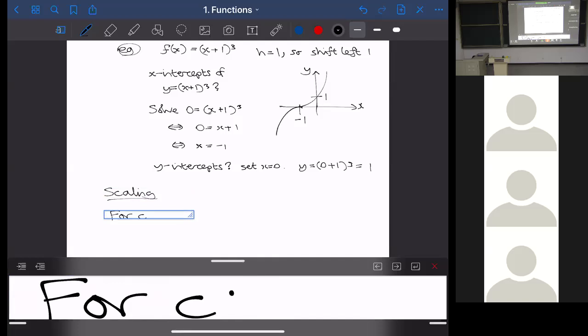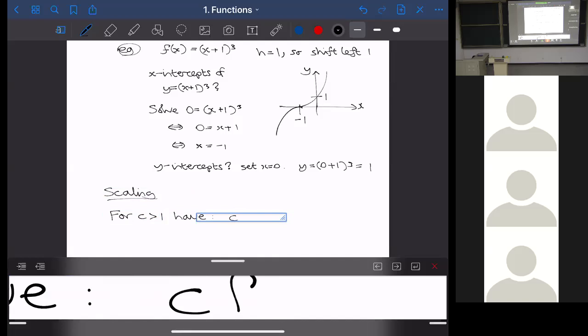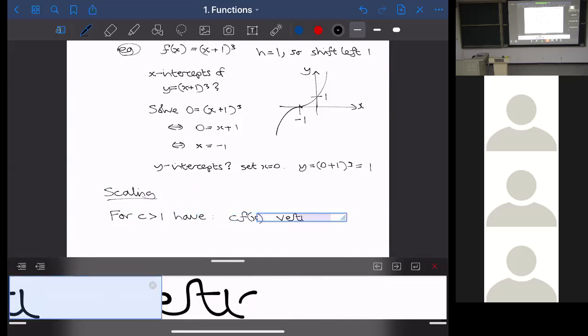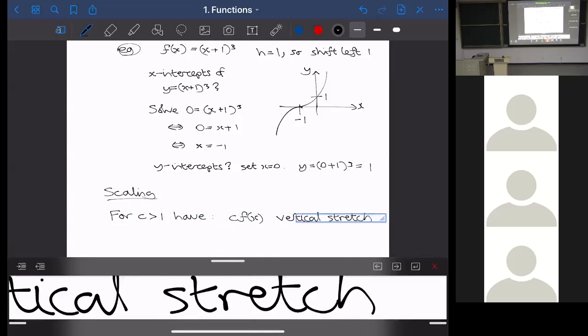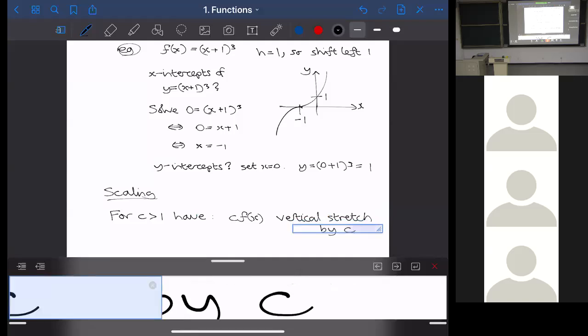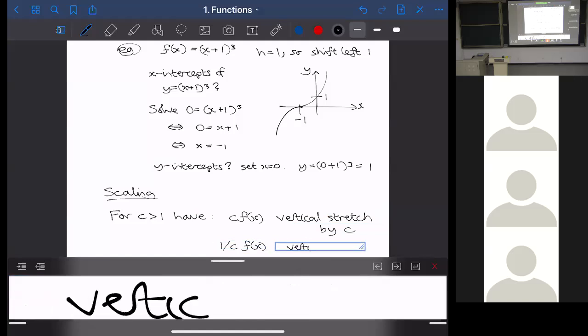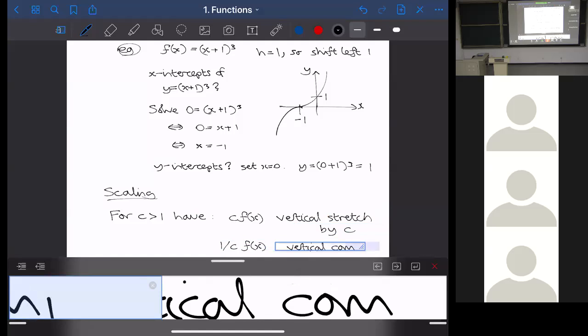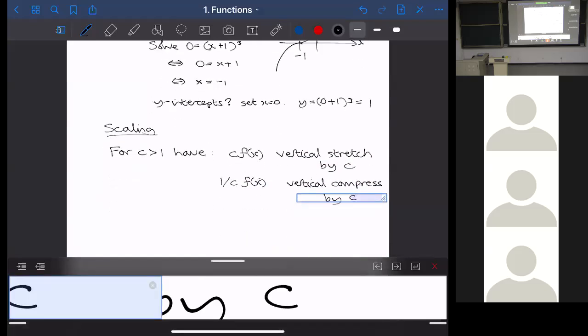So for c greater than 1, c times f(x) is a vertical stretch by factor c, and 1 over c times f(x) is a vertical compress by c.